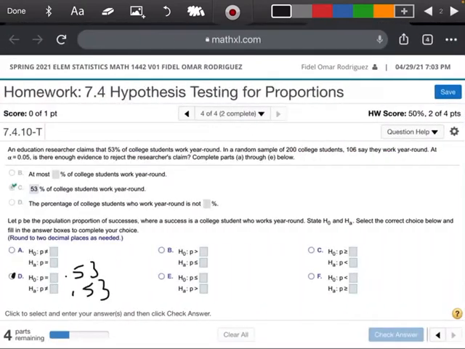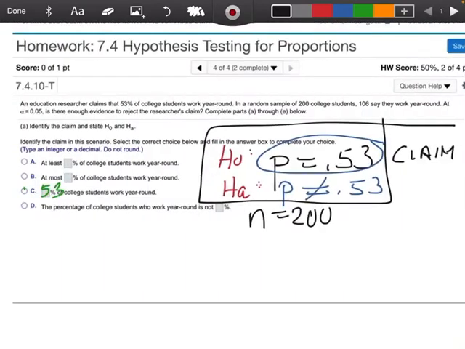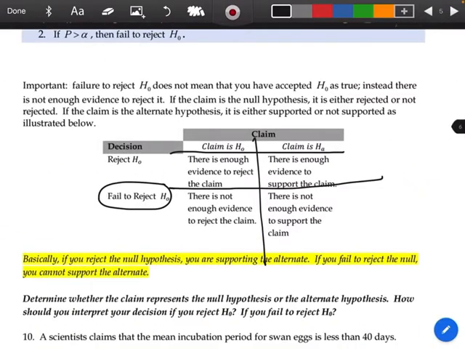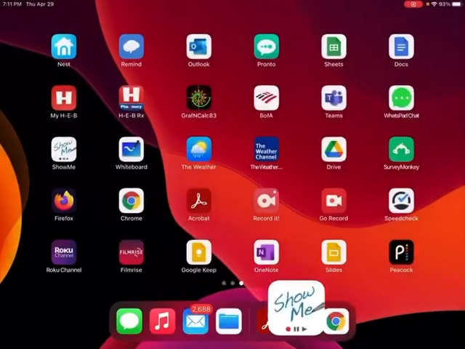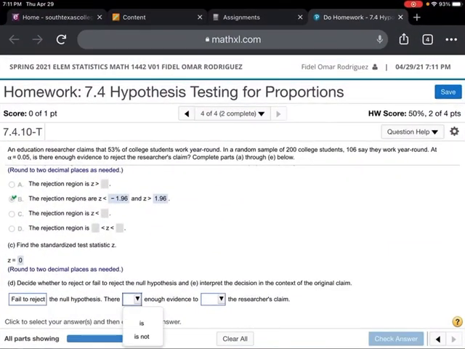Yes. Our claim was the H0, right? Our claim was the H0, and we failed to reject, so we're going to say there's not enough evidence to reject the claim. So we're going to say there is not enough evidence to reject the researcher's claim, and I'm going to hit check, and we got it done, right?